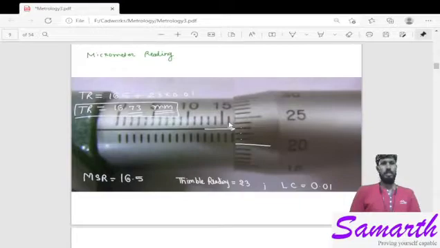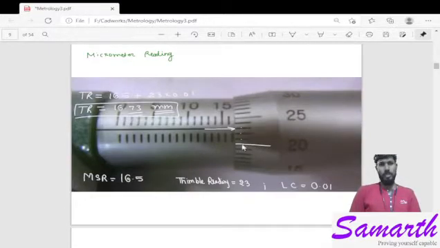Let us say main scale reading is 16. Now we will see which line is coinciding with this middle line of the vernier scale. Which line of this circular scale is coinciding with this horizontal line? Here you can see this line is coinciding.